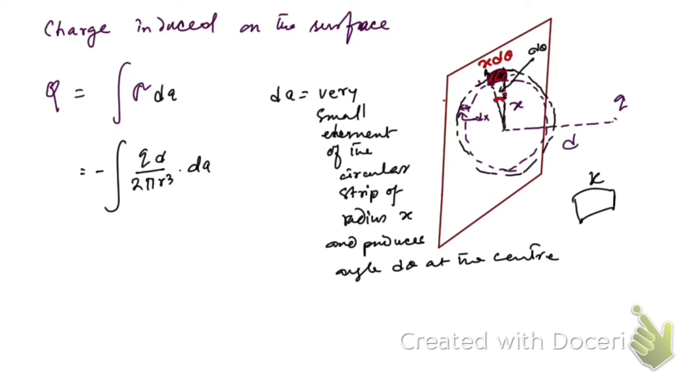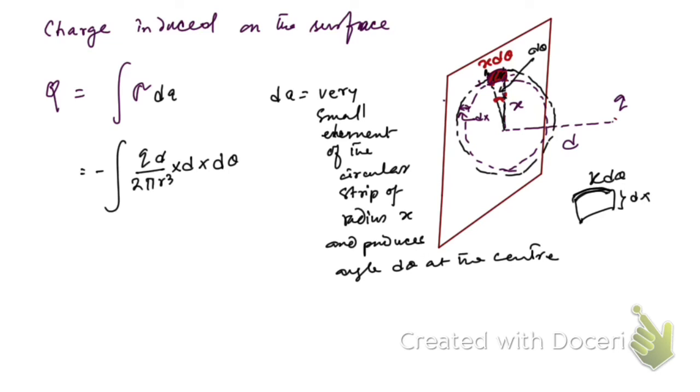This length is x d theta, which I have already explained, and this thickness is dx, so its area is x dx d theta. So dA can be written as x dx d theta. Hope you have understood this.